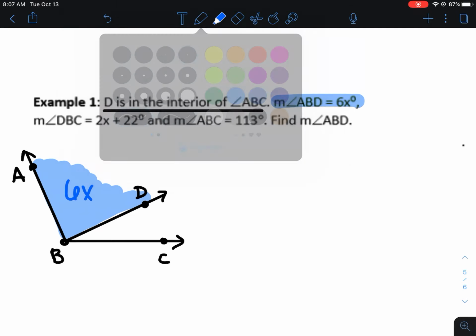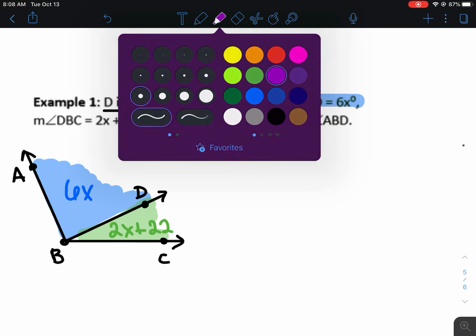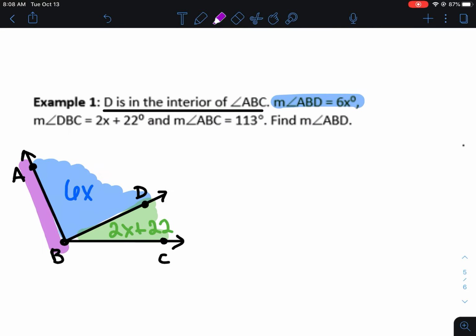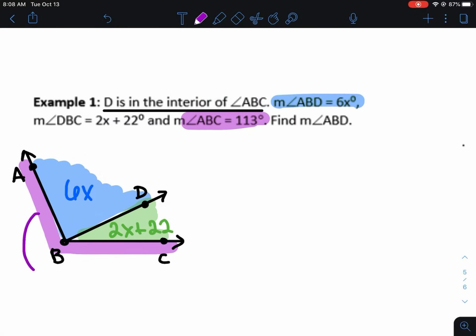And then the measure of angle DBC, so that's DBC, that's this area down here, is going to be 2x plus 22. Okay. And then it says the measure of ABC, which is the whole thing, is going to be 113. So this whole thing, I'm kind of drawing it in a weird way. Let me do it the other way. So the whole thing is 113 degrees.